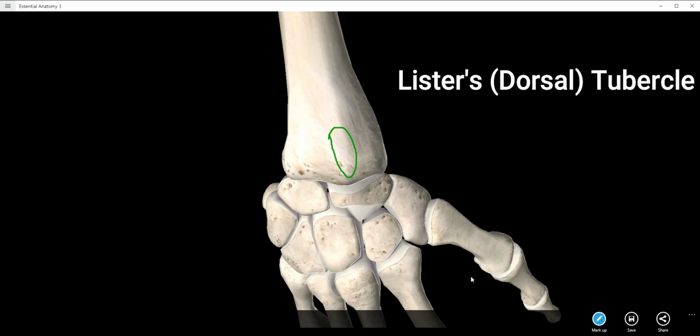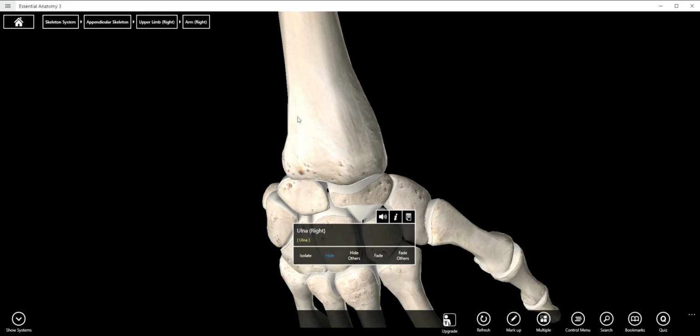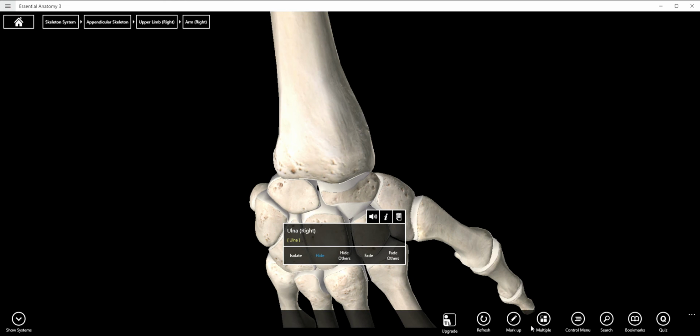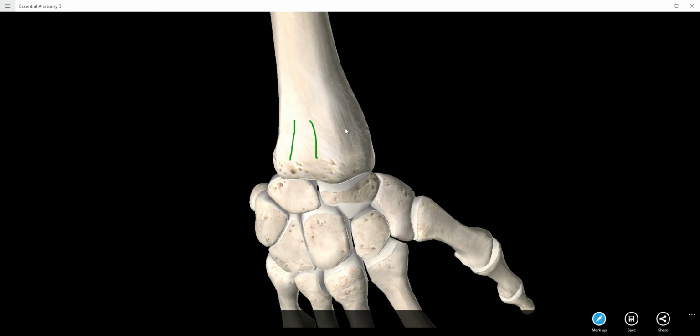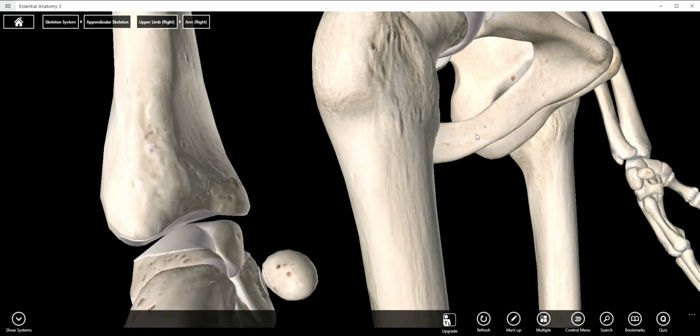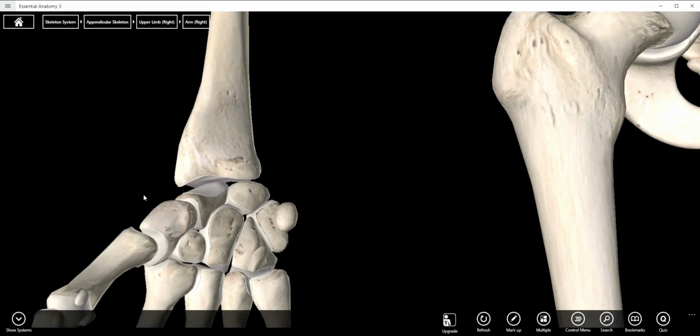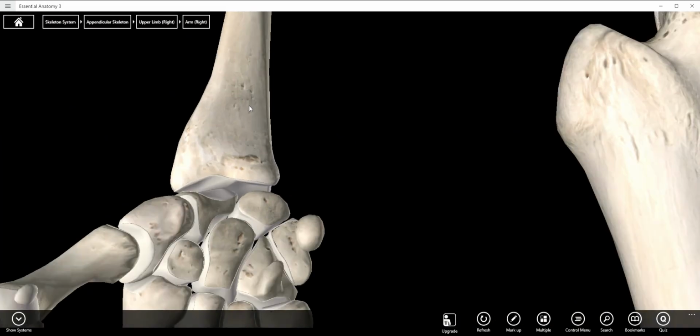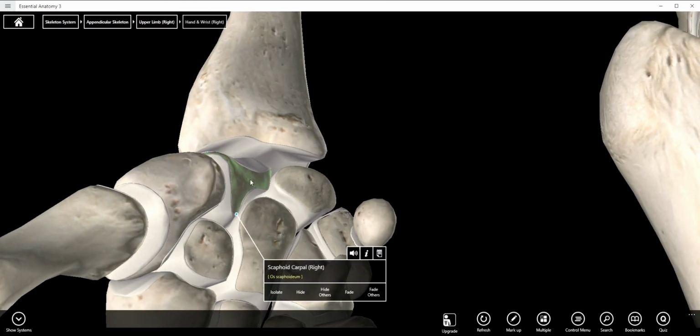But anyway, the structure specifically we're talking about is right here, and it's called Lister's tubercle. There are also grooves. I won't ask that on a quiz because they're essentially non-existent here, but there are a few grooves for tendons on the back of the radius to be mindful of. Lastly, we'll look at 2 facets with the carpal bones. This is pretty cool. Let's go ahead and remove the 2 bones.